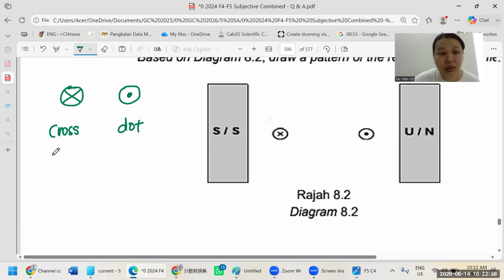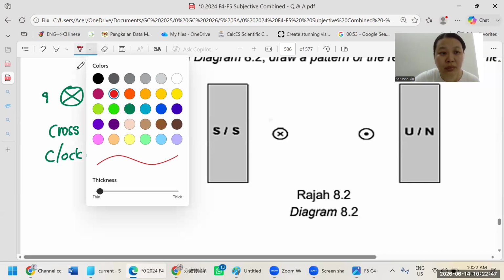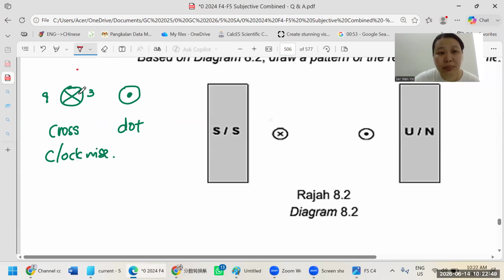If cross is clockwise, this is 9 o'clock, this is 3 o'clock, so the magnetic field will go down and go up, from 3 to 9. Good. Since cross is clockwise, dot is anti-clockwise. So let's draw here.